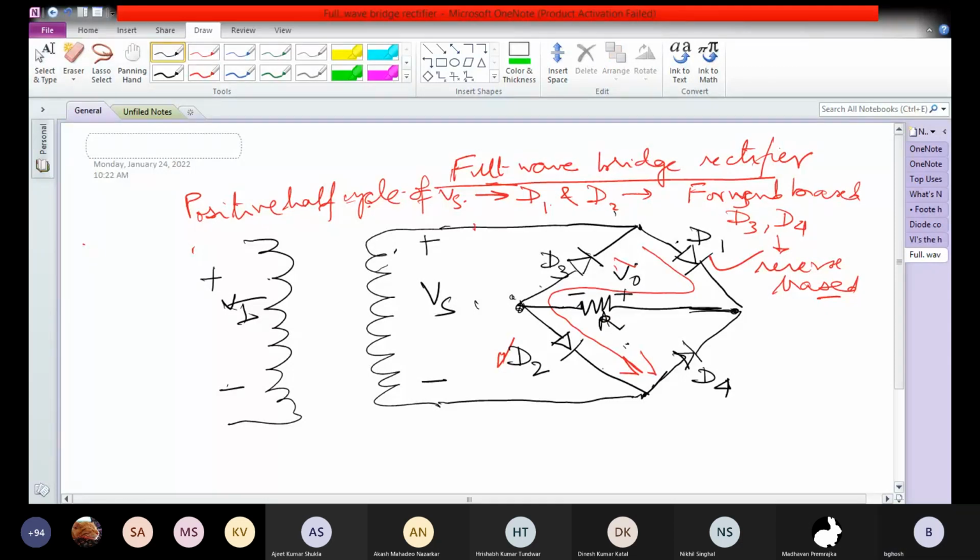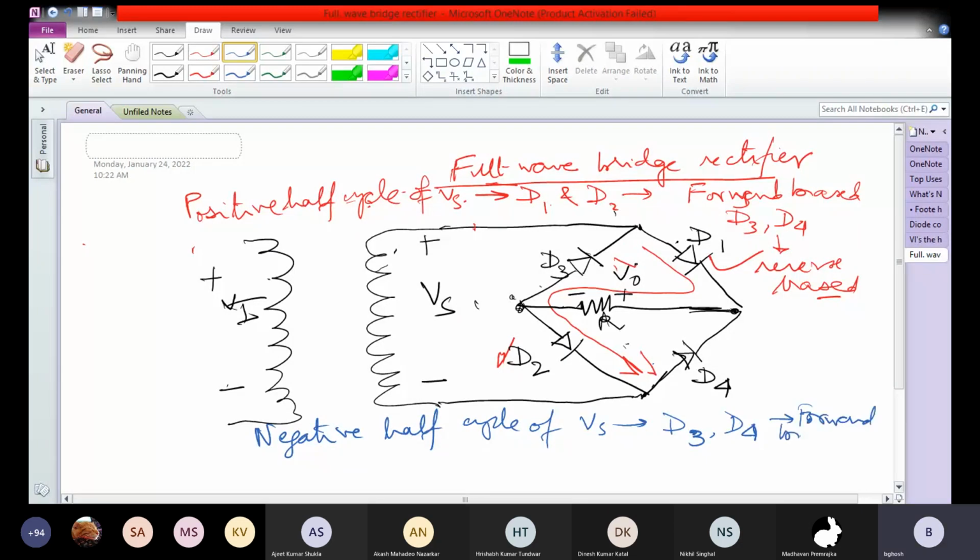And when Vs changes polarity, the opposite thing will happen. The complementary diodes will be conducting. So diode D3 and D4 will be conducting. So when Vs changes polarity, during the negative half cycle of Vs, diodes D3 and D4 will be forward biased and diodes D1 and D2 will be reverse biased.